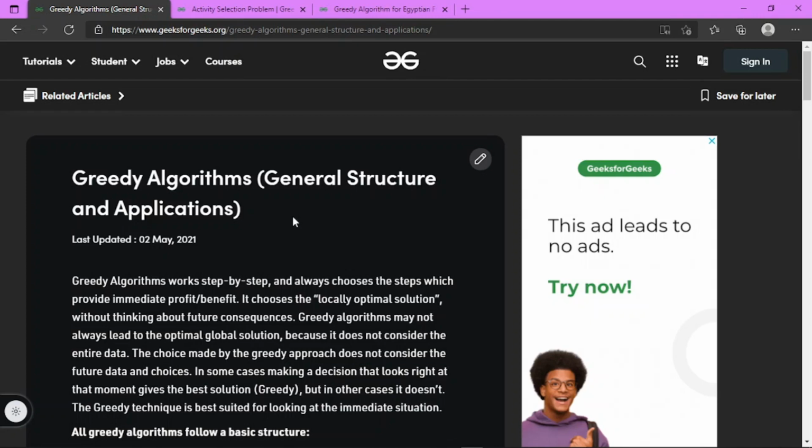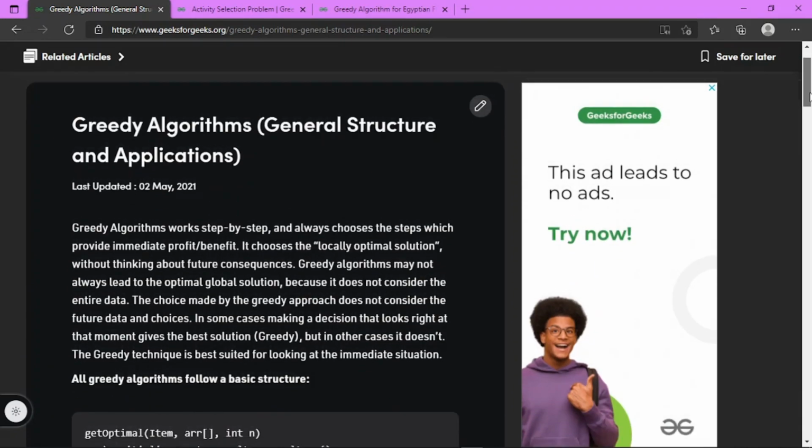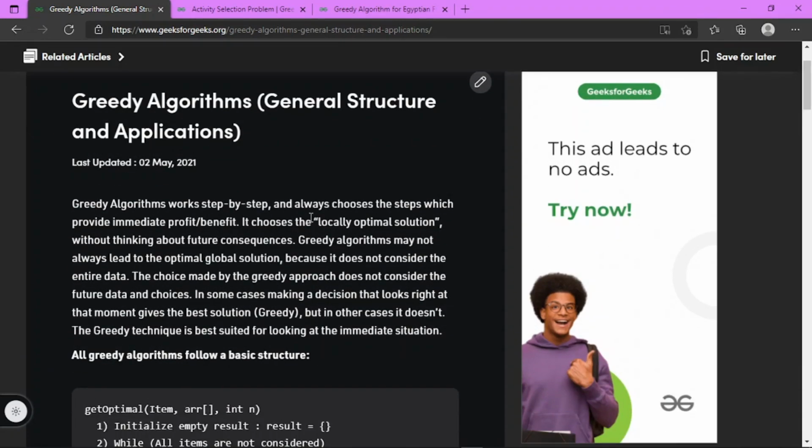It is similar to the word greedy in English vocabulary as well, and that's why it is known as a greedy algorithm. For giving a solution for an entire data, it will not check the entire data but only a few values ahead.